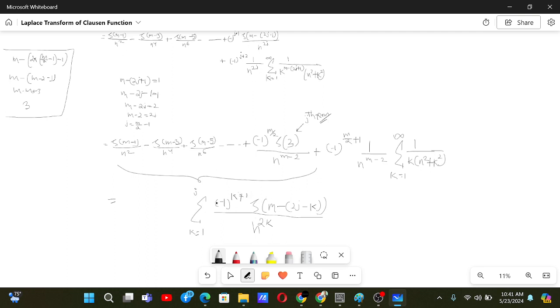And over here, the final value of j is just m by 2 minus 1. So this is our sum.